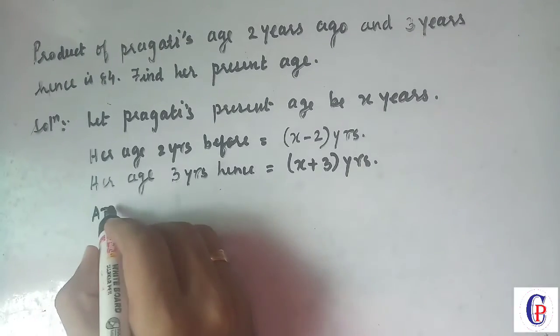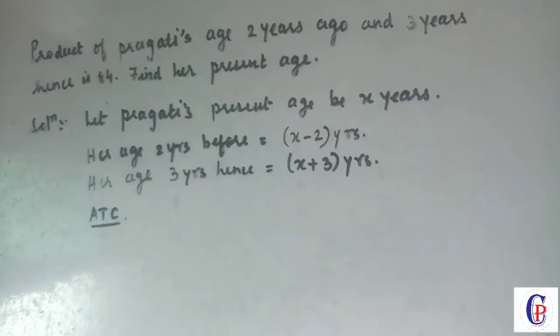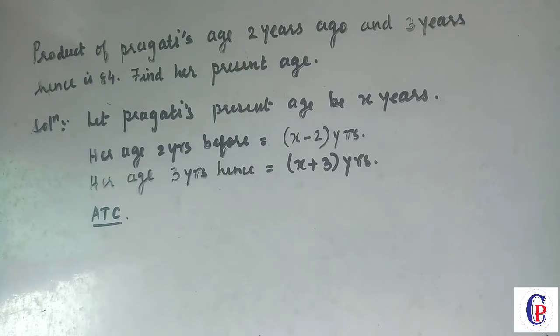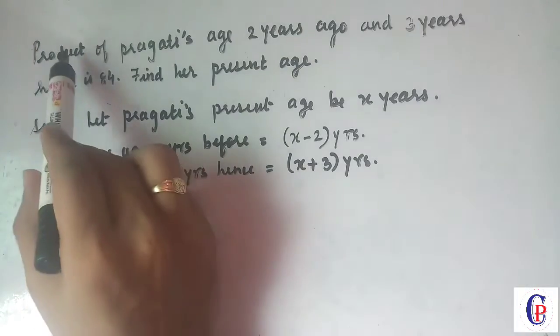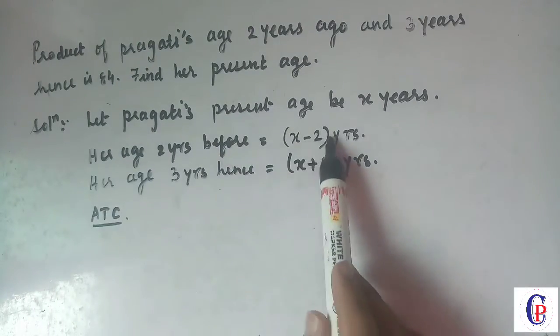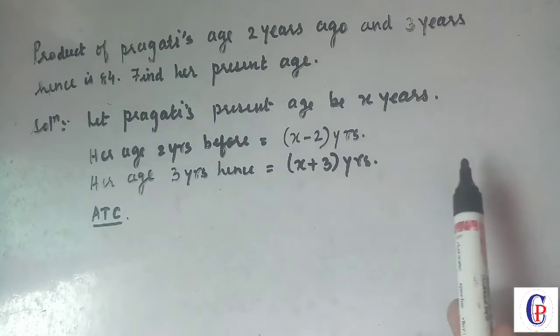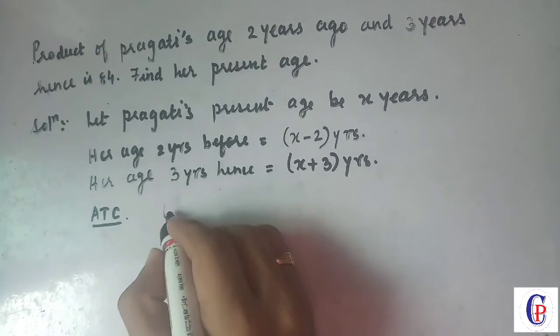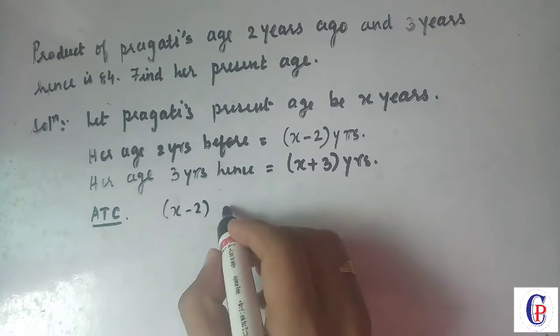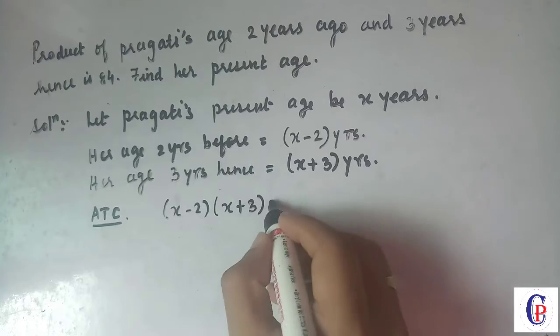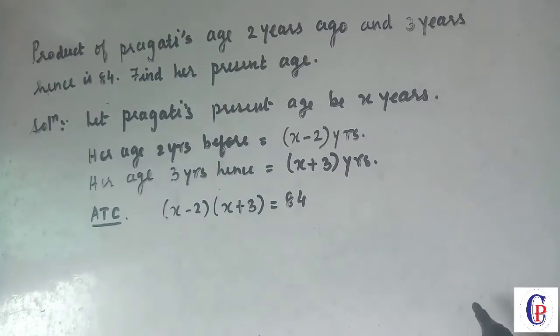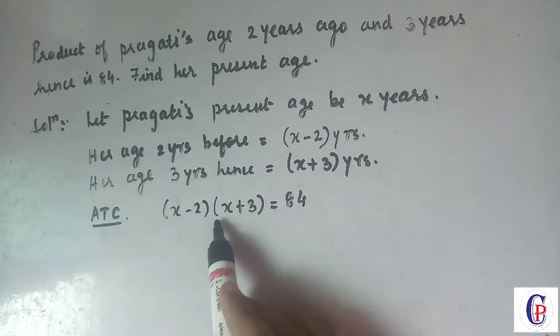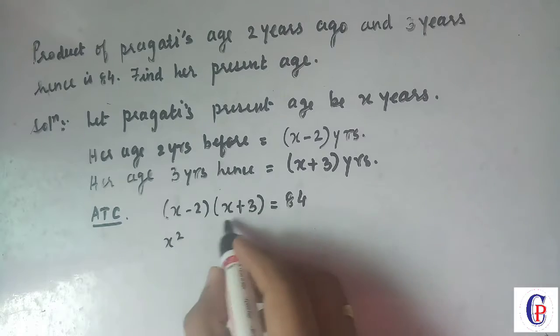So I'm writing ATC. You don't write this in the exam as ATC. ATC means according to the condition. So it says the product of the age 2 years before and the age 3 years after is 84. So it means (x minus 2)(x plus 3) is equal to 84. So just open this bracket, x into x is x square, then x into 3.